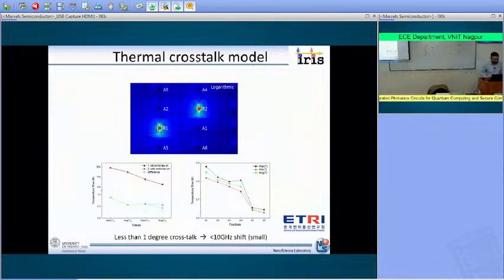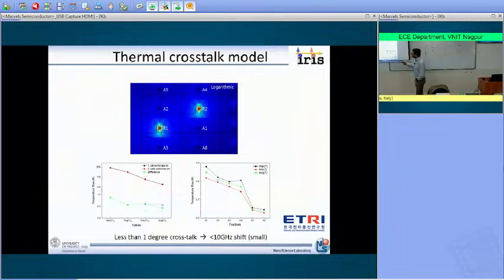In this case we are injecting 20 milliwatt of electrical power, and the local heating of the microring resonator is up to 200 Kelvin. So you are heating quite a lot. But what is nice here is that if you look at the nearby position, the temperature rise of the nearby microring resonator is negligible, less than half a Kelvin.